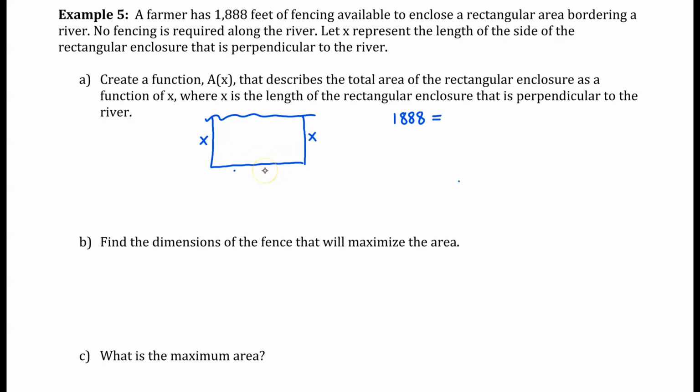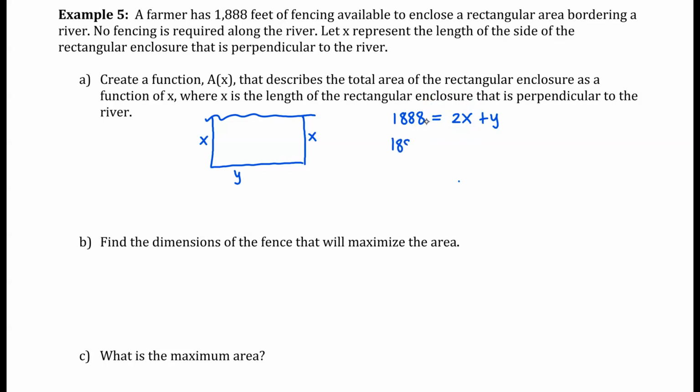Maybe we'll call this side here Y. So we have X plus X means 2X. So 2X plus Y. Now we want to solve for this Y in terms of X. So from the equation here, we can actually find the expression for Y by transposing this 2X to the other side of the equation.